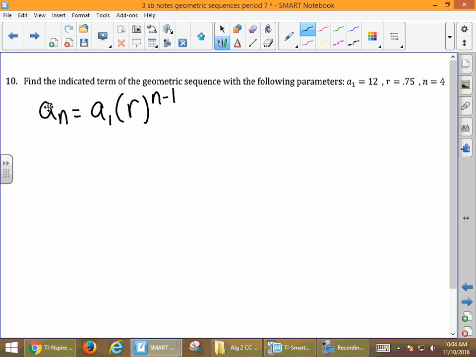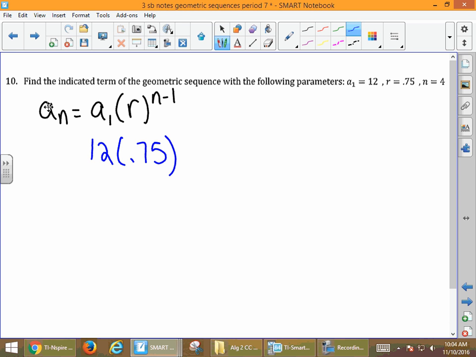And the nice part about this problem is that we already have all the necessary information for us to finish this. When we look a little bit more closely, a sub 1 is 12. That was given to us in the problem. r is 0.75. That was given to us in the problem.